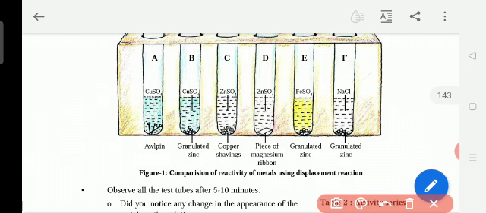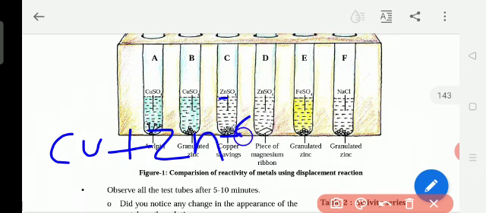And when we take test tube C, what are they telling? Here what is there? Copper, and here zinc sulfate solution. So we see copper plus zinc sulfate solution. When we see here in the series, which is more reactive? Copper is more reactive or zinc is more reactive? Copper is less reactive.